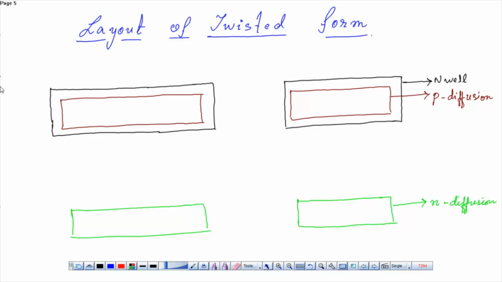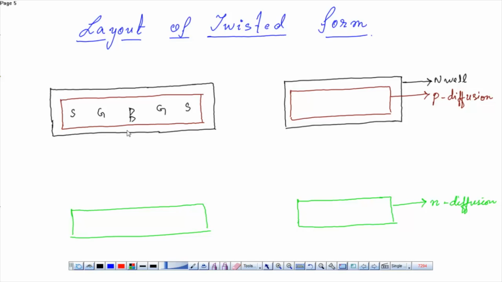Now we have to first connect the source of both the PMOS to VDD. So this is my source part, this is my source part, this is the common drain part, this is the gate, this is the gate. This is the common drain, means drain for both. So you can see source, gate, drain, source, gate, drain.